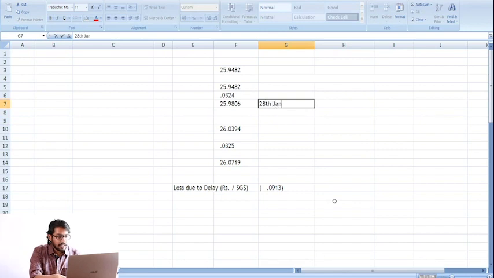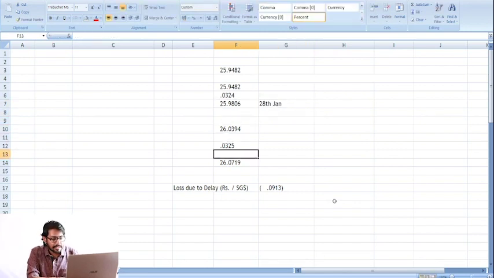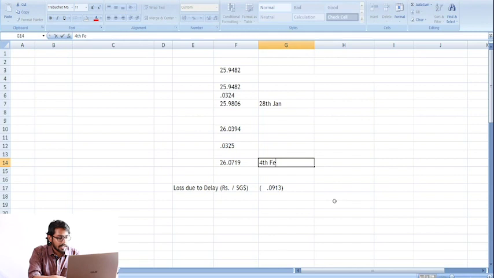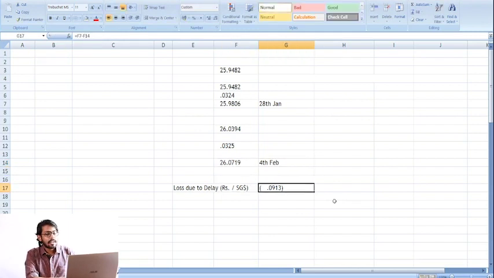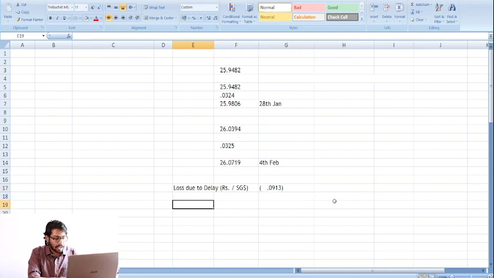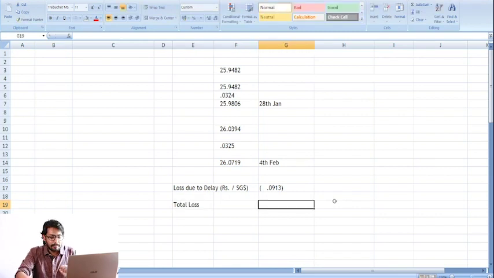This was the situation on 20th Jan. On 20th Jan, you had to pay only 25.9806. However, on 4th February, the rate increased to 26.07. You have suffered a loss of 0.0913. Okay, total loss will be on 2.5 million.